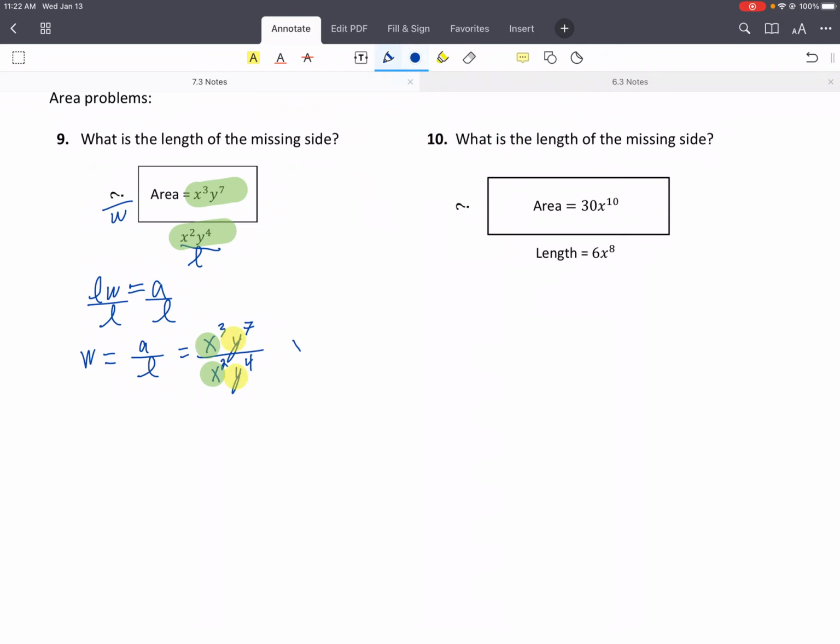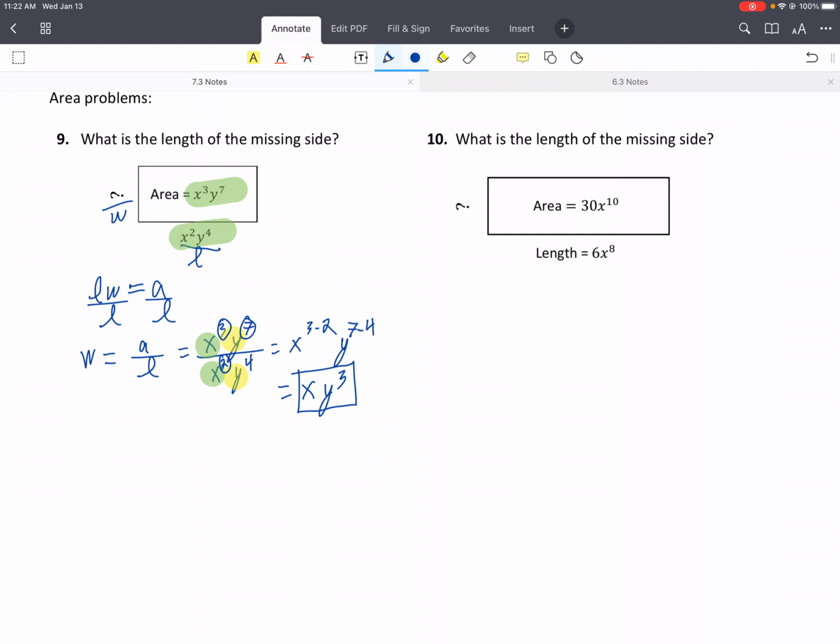So this is equal to x to the third minus 2, because we subtract the exponents, times y to the seventh minus 4. So we'd get x to the first technically, but we can just write x, y to the third. That would be our answer.